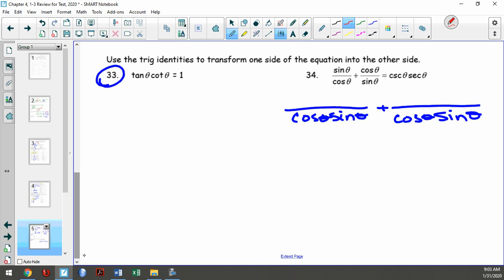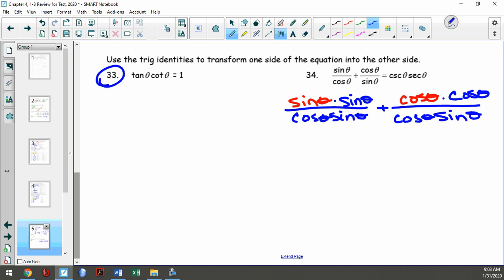So I'm going to drop down the numerator and I'm going to tack on what I multiplied the denominator by. Yes? I tacked on a sine in the denominator. So what I do to the bottom, I must do to the top, right? Go to the second fraction. What did I tack on to the denominator of sine to obtain the new denominator cosine sine? I'm going to drop down the current numerator, which is cosine, and then I'm going to tack on what I tacked onto the denominator. Do we see that?